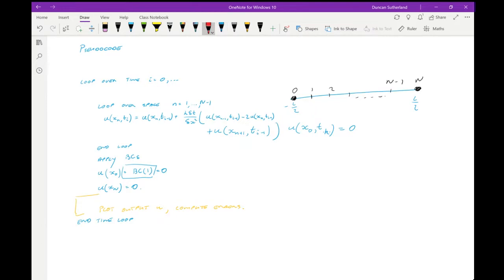How we store this in MATLAB, for example, we might call this u old. We might call this u new, right? We want to overwrite the definition of what's old and what's new every time we go through the loop.